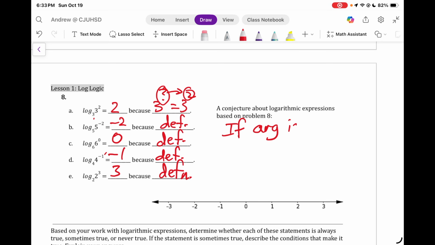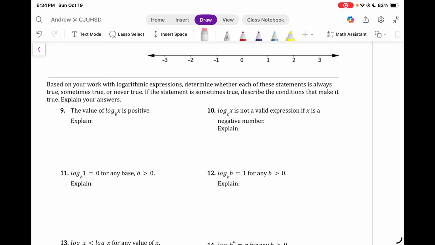The argument is b to the p, the log base b of b to the p is just going to be p. We're going to get that number back. In other words, we're going to undo it. It's an inverse.